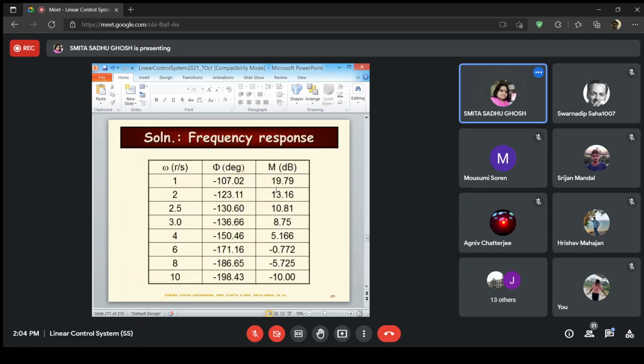compute a frequency chart like this, frequency versus phase and magnitude, then decide on the basis of inspection of phase versus frequency and magnitude versus frequency where to place your omega c. On the basis of that, you obtain the values of MC and phi C which you would be wanting from your compensator, and decide on the amount of lag that you would be assigning.